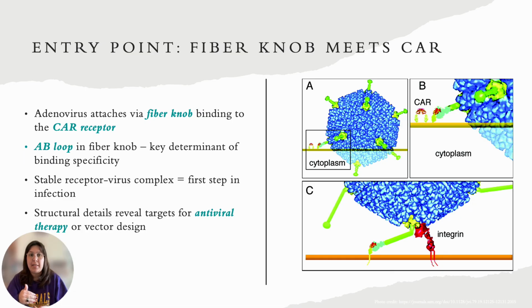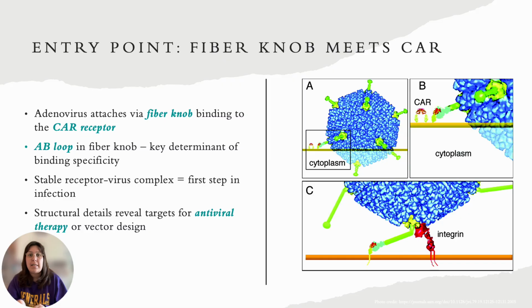Now I'm going to explain the entry point, where the fiber knob meets CAR. The first step in adenovirus infection is attachment. The virus uses its fiber knob proteins to bind to the CAR receptor on host cells. Think of it like a lock and key, where the CAR receptor is the lock and the fiber knob is the key. A specific region called the AB loop determines how strong that fit is.